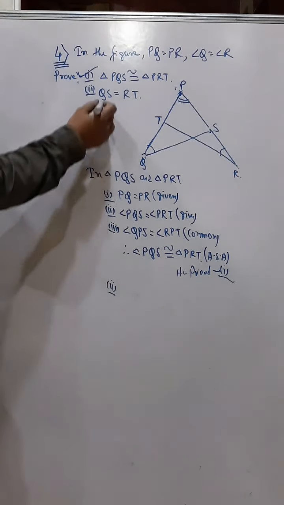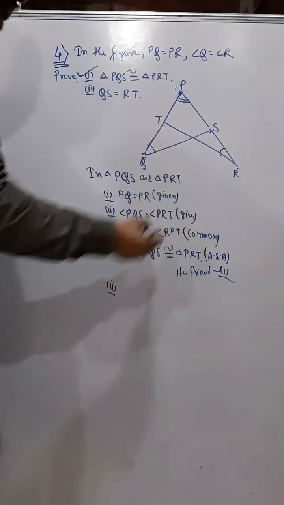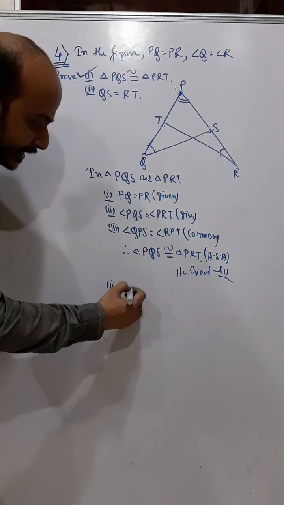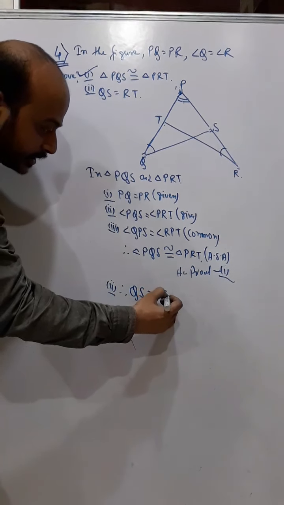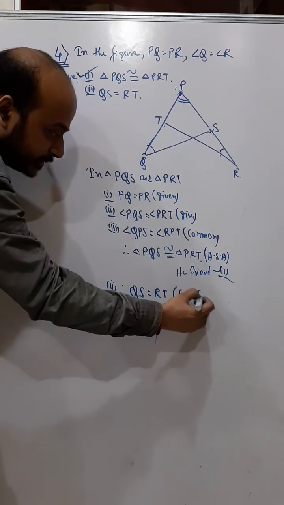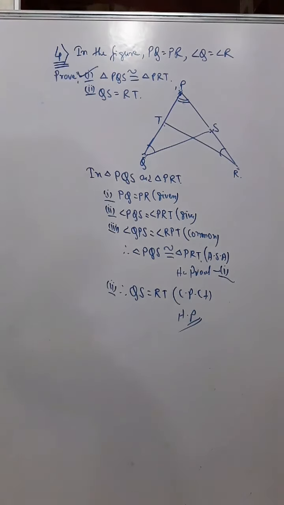And number 2, they told QS equals RT. Now QS will be equal to RT, so we'll write here directly: therefore QS is equal to RT, and simply we'll write CPCT, and hence proved.